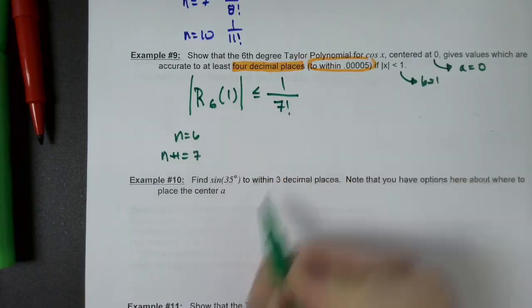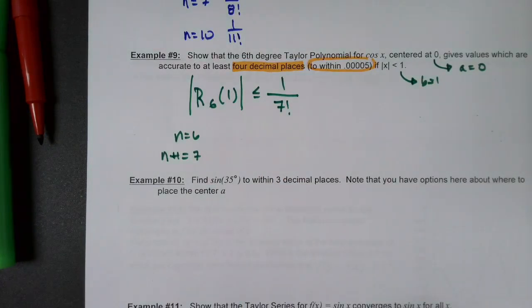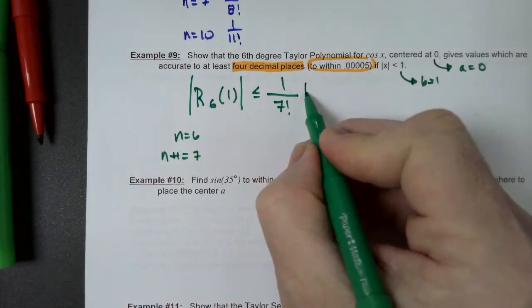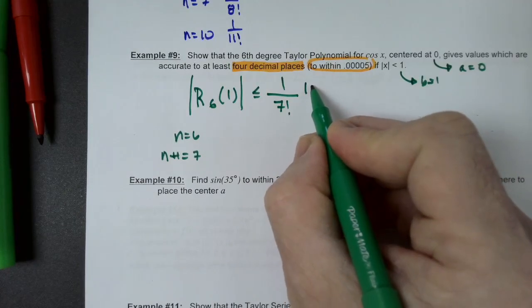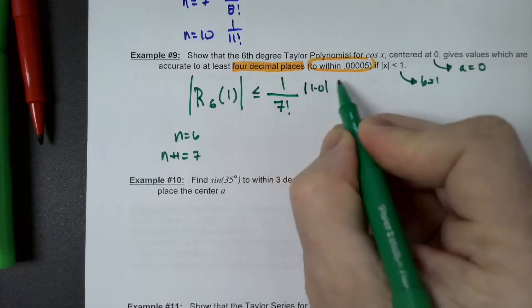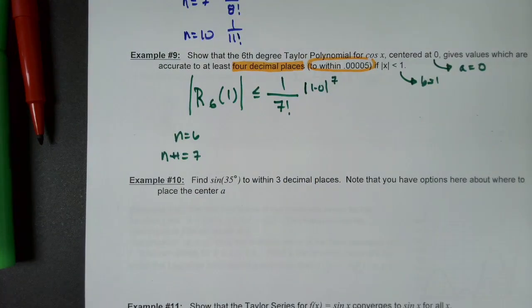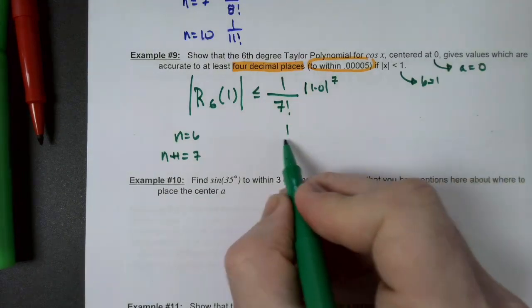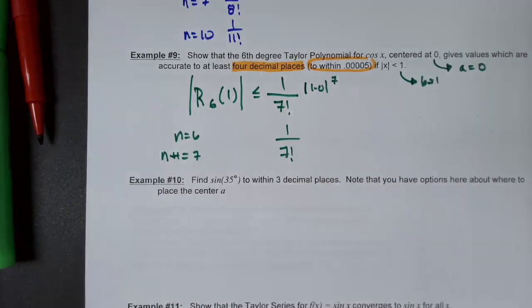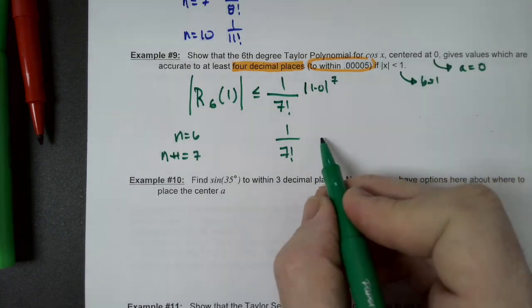So this is 7 factorial. And then whether you want to write it or not, the absolute value of 1 minus 0 to the 7th power, which is simply just 1 divided by 7 factorial.